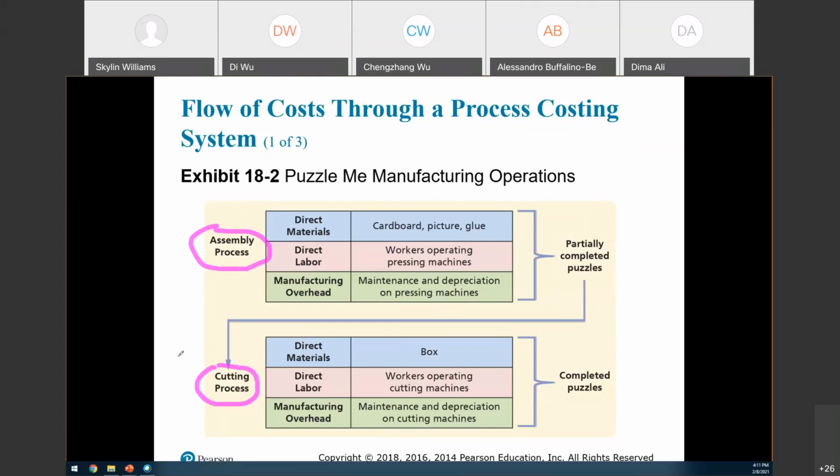Then the box is moved to finished goods storage. The jigsaw puzzles accumulate production costs during each process. The company then assigns its costs to puzzles passing through that process.